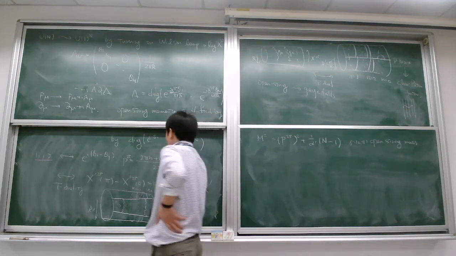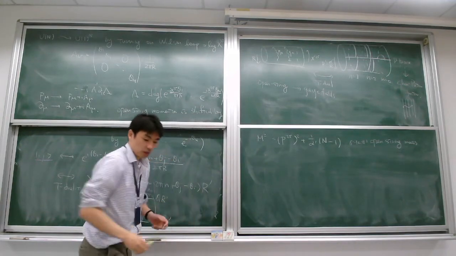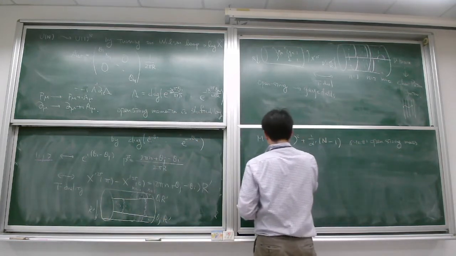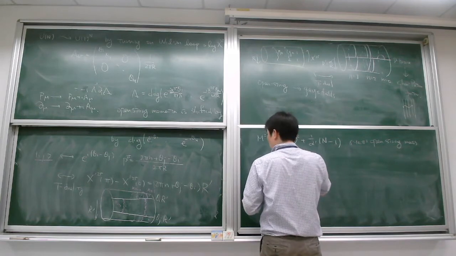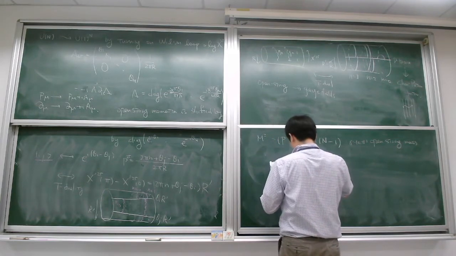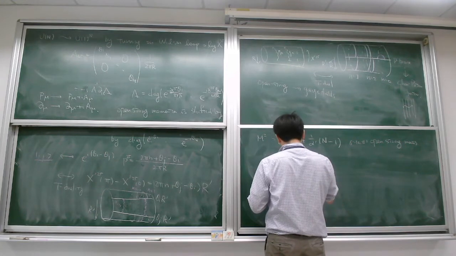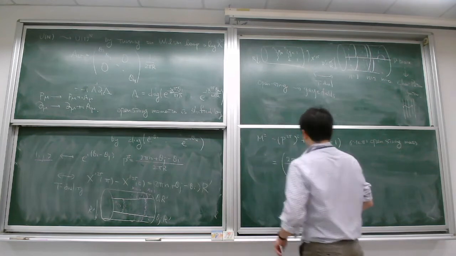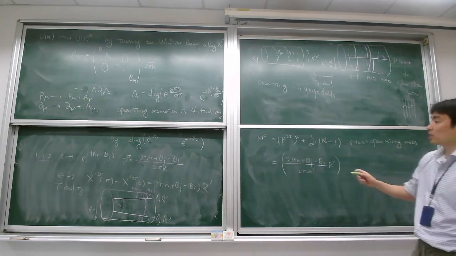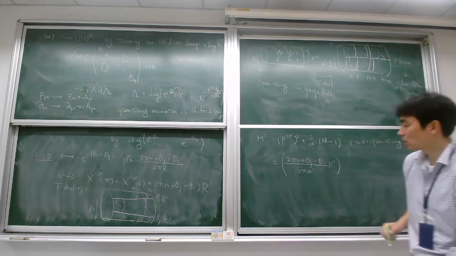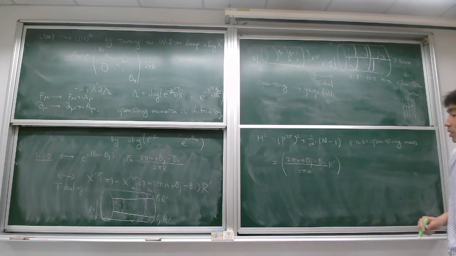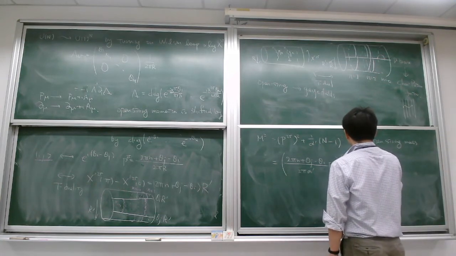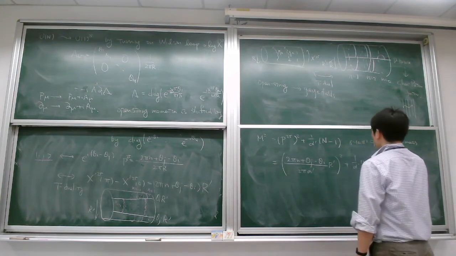Then let's look at it here. Just plug in and you will get as follows. This will give you (2 pi n plus theta_j minus theta_i) divided by 2 pi, over alpha prime, squared, plus 1 over alpha prime times N minus 1.